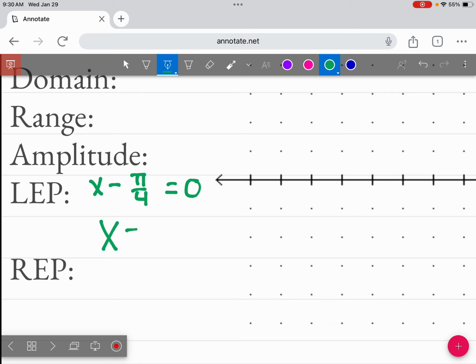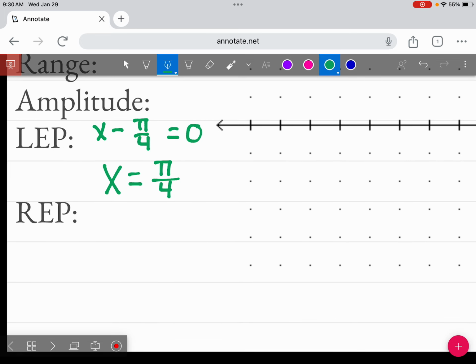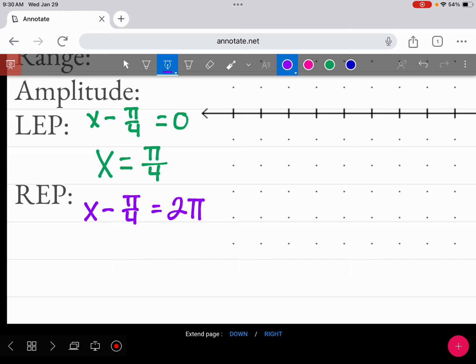So our left endpoint is going to happen at angle pi over 4. And our right endpoint, very similarly, we want to know when x minus pi over 4 is the same thing as 2 pi. So our right endpoint is going to happen at, what's it going to be? Not 2.